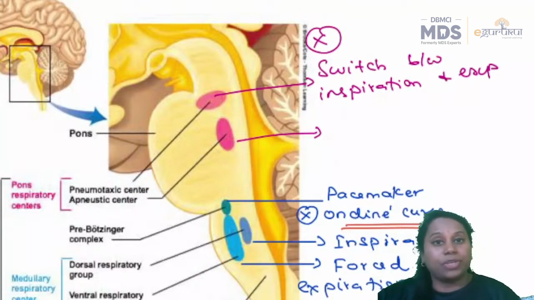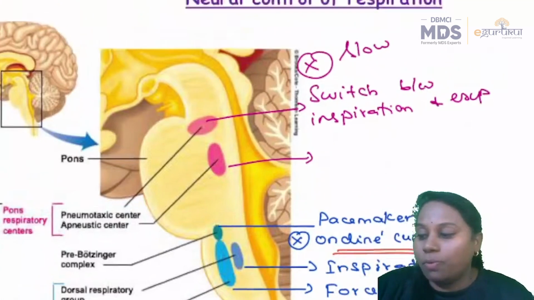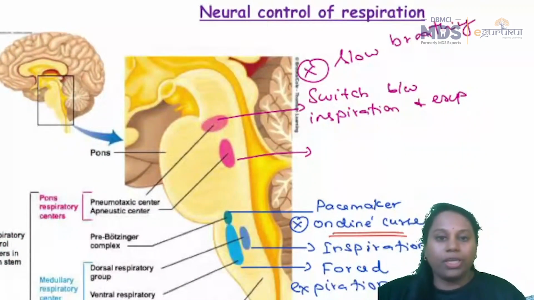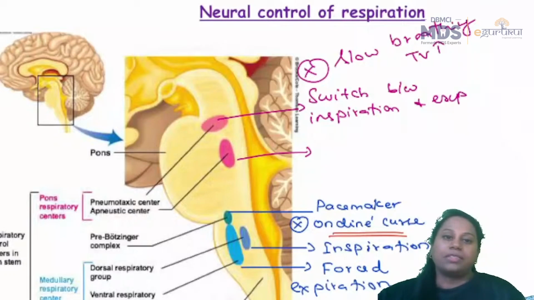You will keep on doing inspiration. So breathing becomes slow. If you keep breathing slowly, you take in more air, so tidal volume increases. Damage to the pneumotaxic center: slow breathing, tidal volume increases.